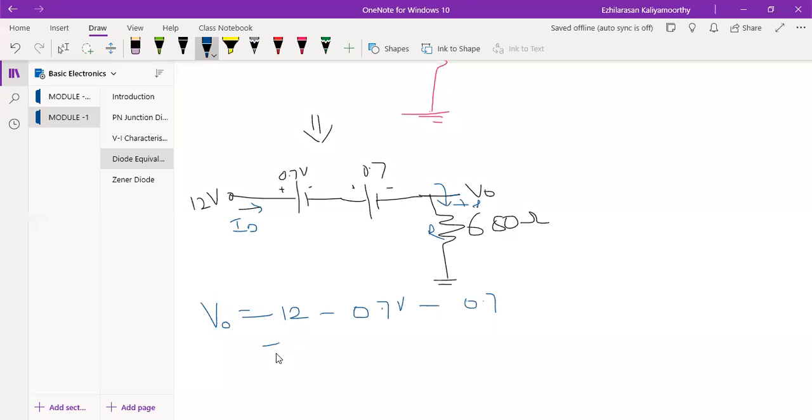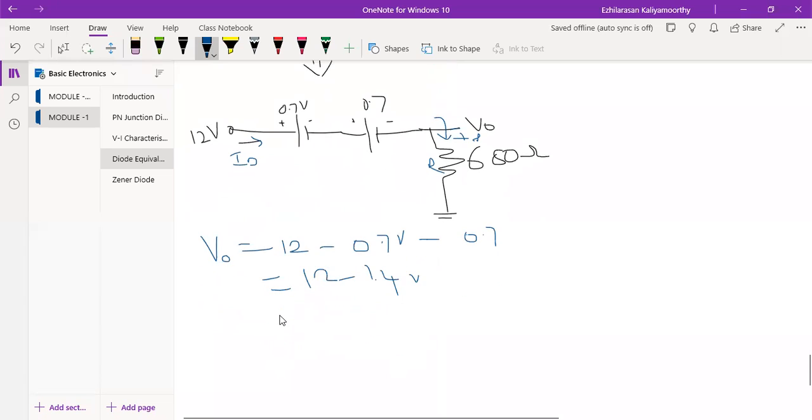So how much do you get now? 12 minus 1.4 volt. 12 minus 1.4 will be 10.6 volt. So we got the V naught value.